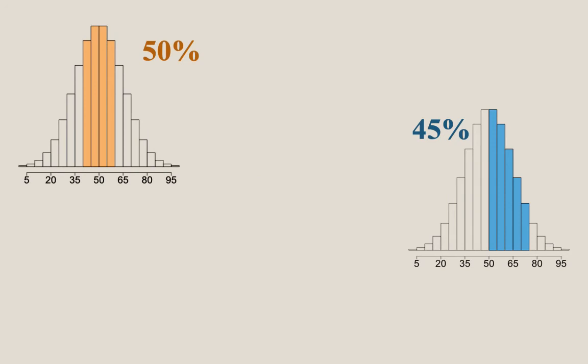Likewise, we know that 2/3 above and below the mean captures about 50% of the data. 2/3 of a standard deviation in this case is 2/3 of 15, or 10, and 10 units above and below 50 takes us from 40 to 60. 40 to 60 would capture about 50% of the data for this data set.